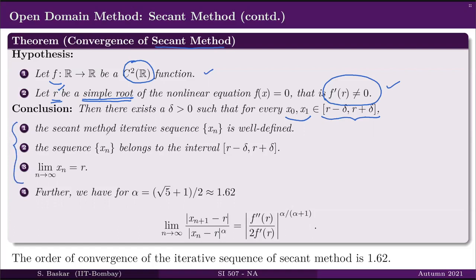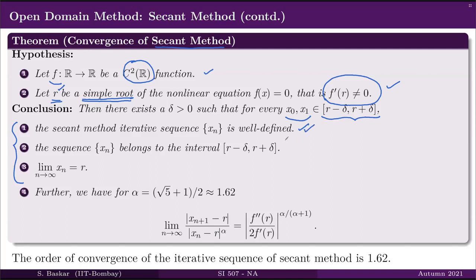What are they? The secant method gives us a well-defined sequence of real numbers. It means you will never encounter a situation where f of xn is equal to f of xn minus 1. So that will make sure that your sequence is well defined.